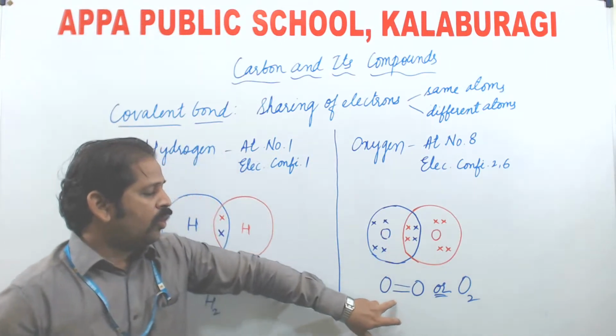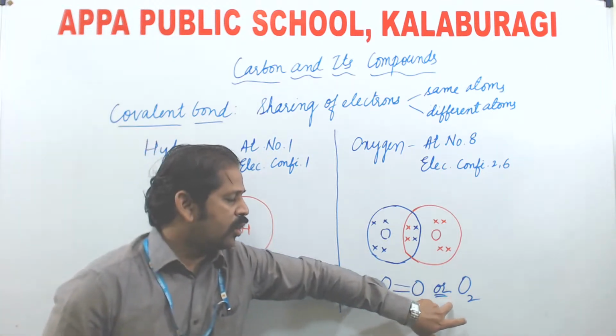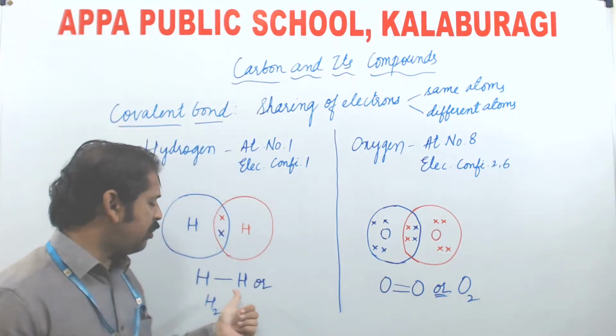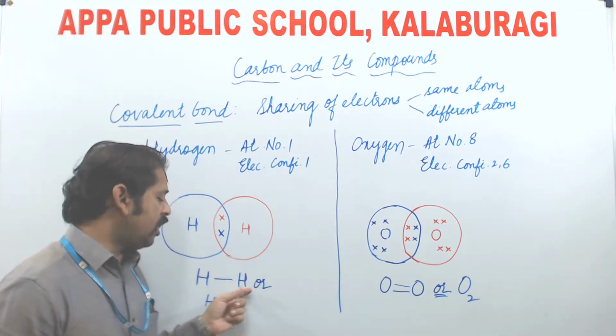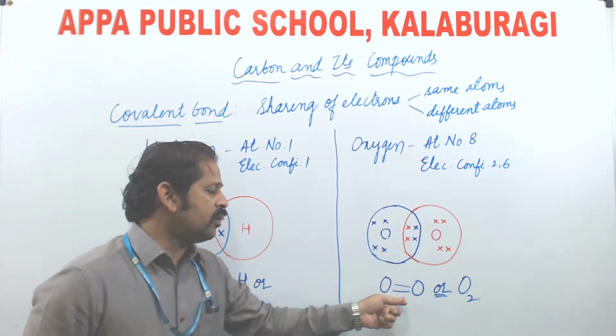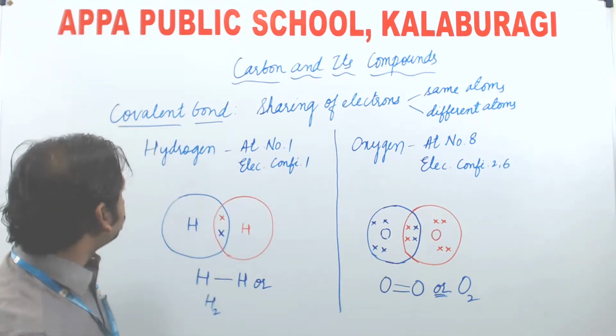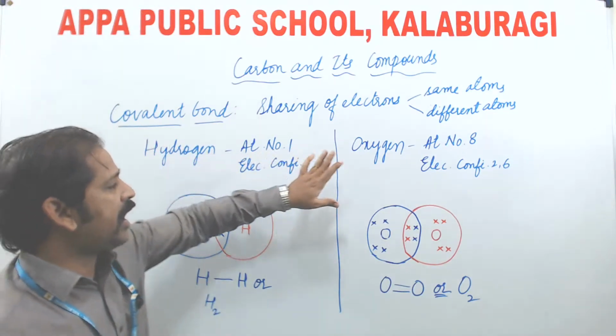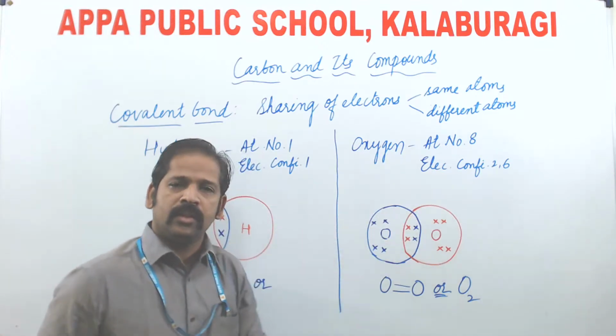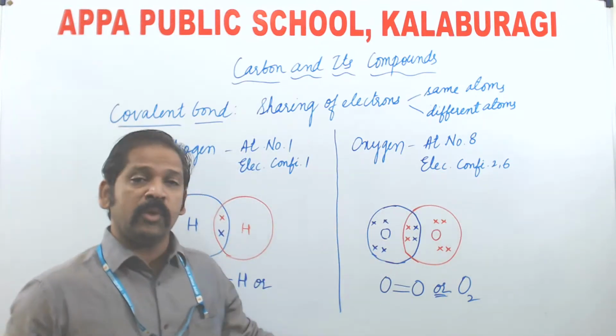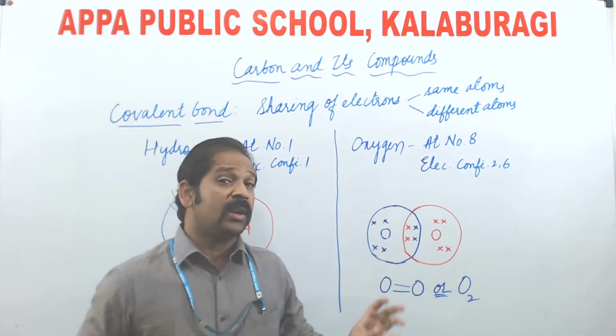So O double bond O, or O2, or H single bond H. Hydrogen always should have a single bond, oxygen always should have a double bond. Okay, this is about the hydrogen and oxygen. We'll go for one more chemical, that is triple bond now.